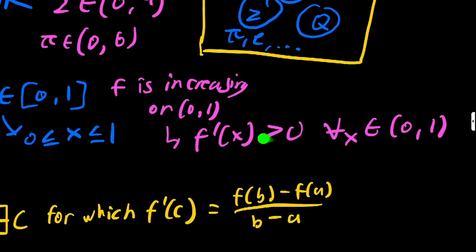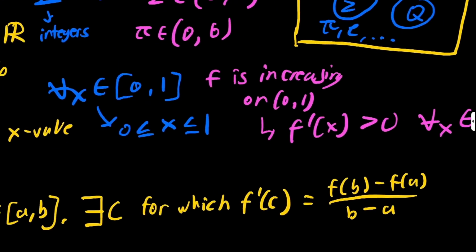So we say that this is true for all x values in 0 to 1. This sentence is incorrect if you don't have the for all x. But with this, we can now say for every single x value on this interval, the derivative of f is positive, which means that for every single value of x, the function is increasing.